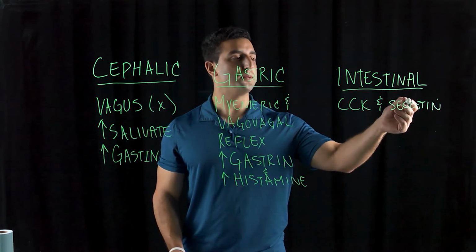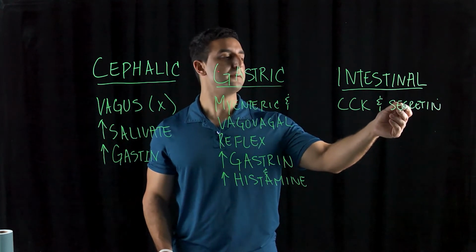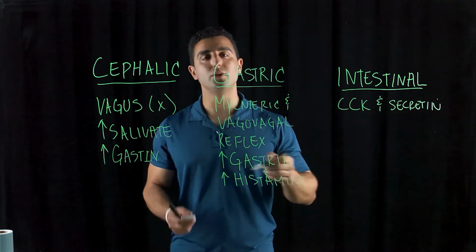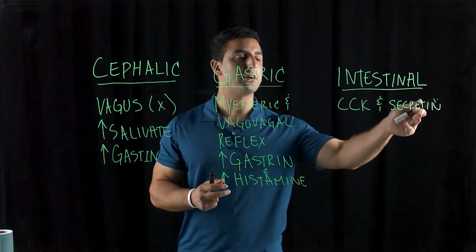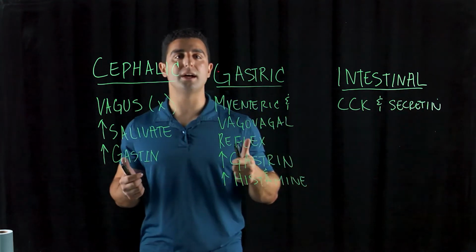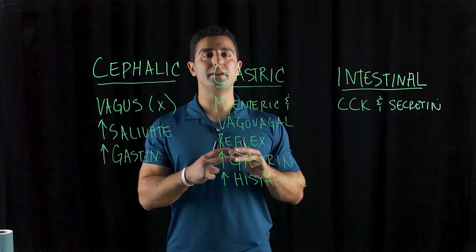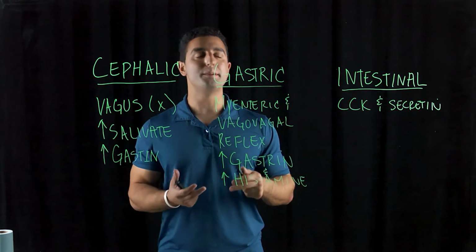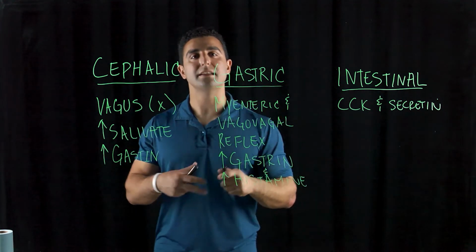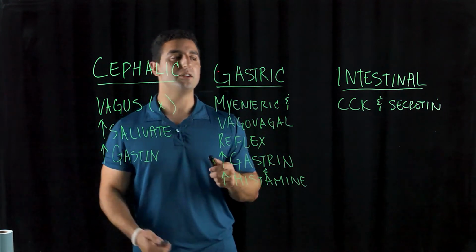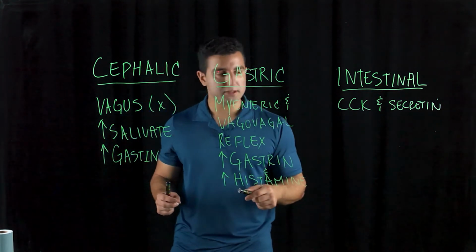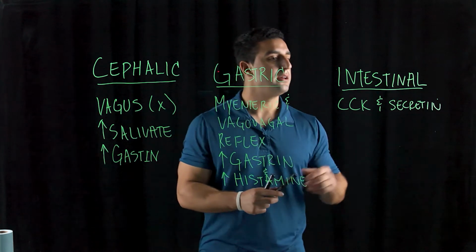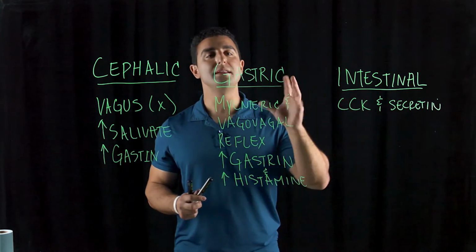Secretin also helps with the amplification of bile production by the liver, but also plays a big role in stimulating the pancreas to secrete its exocrine secretions like bicarbonate in order to neutralize the acid. Chyme is very acidic, very low pH. You need to neutralize that, or else that can lead to certain kinds of ulcers and ulcerations. These also play a big role in inhibiting these different reflexes.